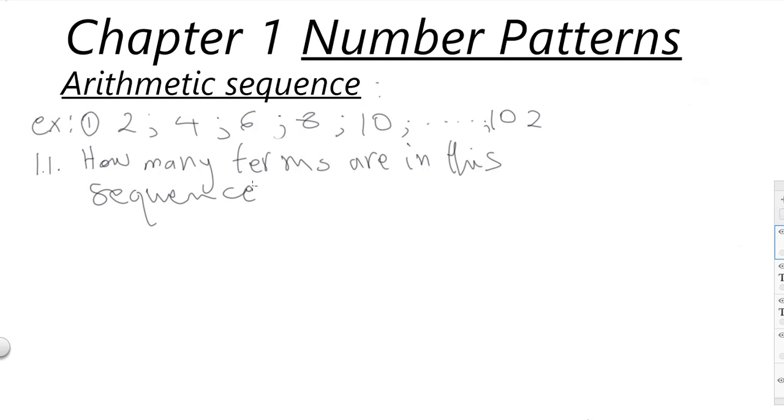How many terms are in this sequence? That can be the first question you can see.